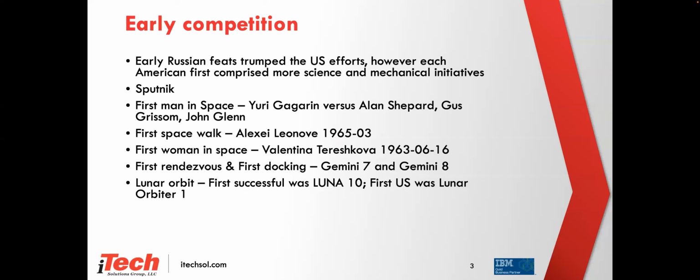That is super cool. And she actually was a very cool woman. Again, now that things have been declassified, you can read more about her. But this is when we start to do well. We did the first rendezvous and docking, and we definitely did the first moon landing, although the first successful lunar orbit was Luna 10, which was Russian.